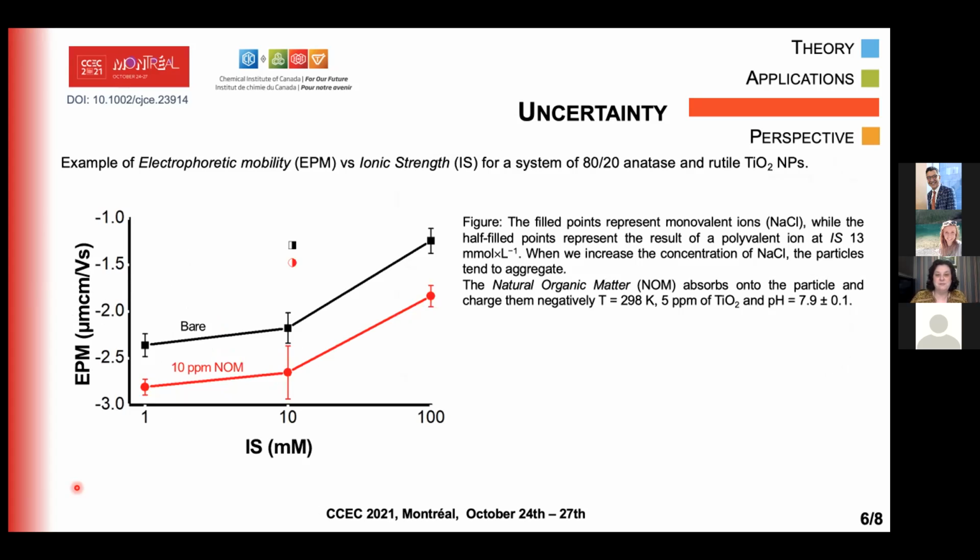We can see for both systems that when we increase the ionic strength using sodium chloride, it becomes more aggregated and it's more difficult for the particles to have mobility in the solution. So it's another factor we have to keep in mind when measuring zeta potential, and this can be one of the uncertainties.